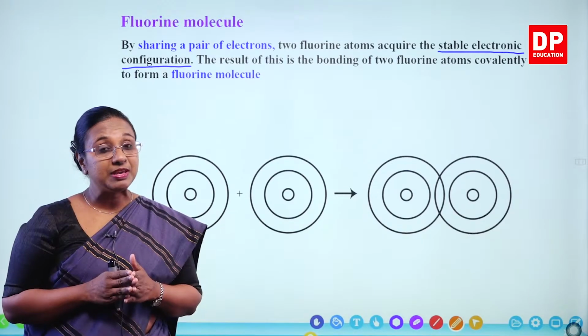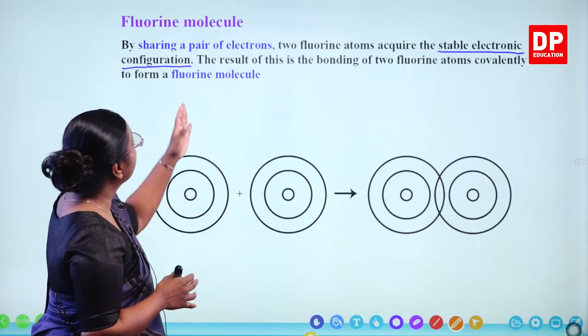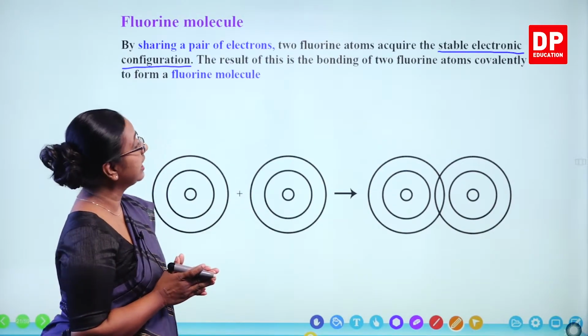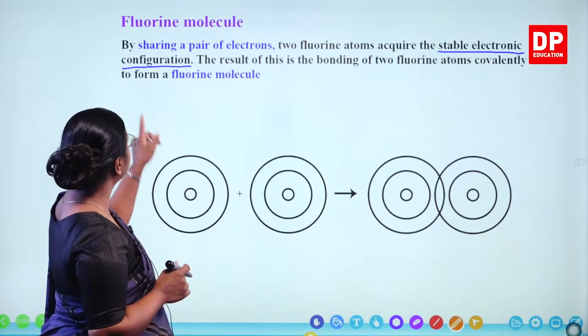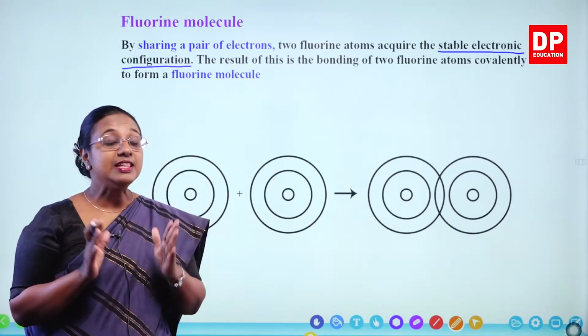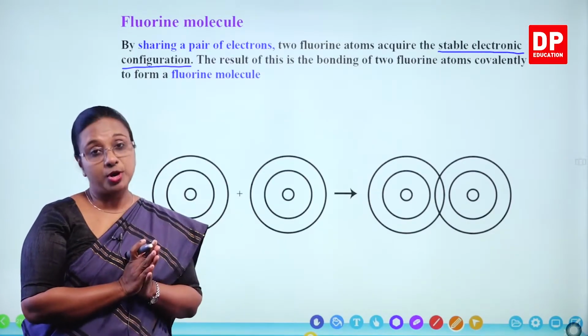What is the other name given to that? Noble gas electronic configuration. The result of this is the bonding of two fluorine atoms covalently to form the fluorine molecule. So when atoms bond covalently, they form molecules.